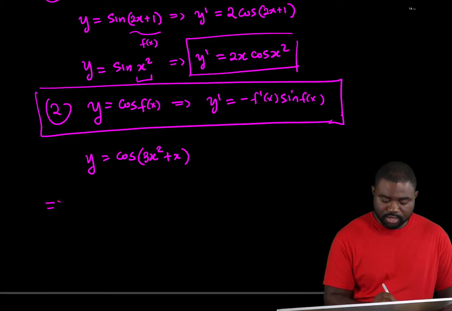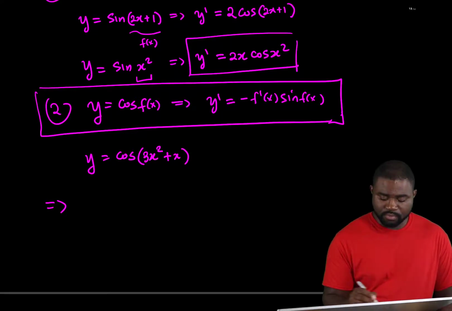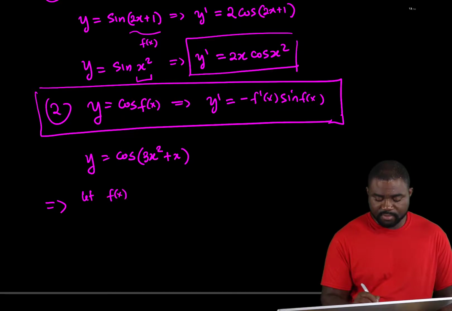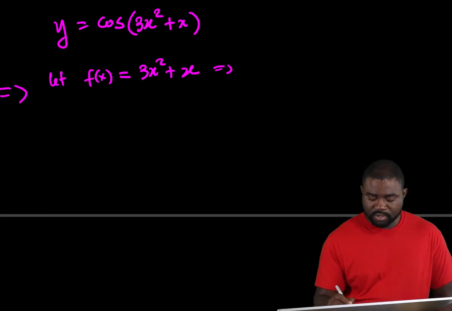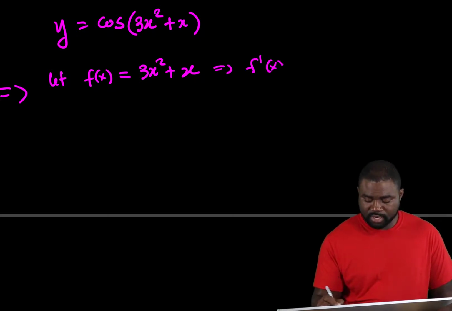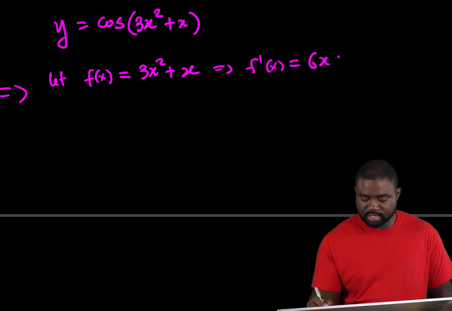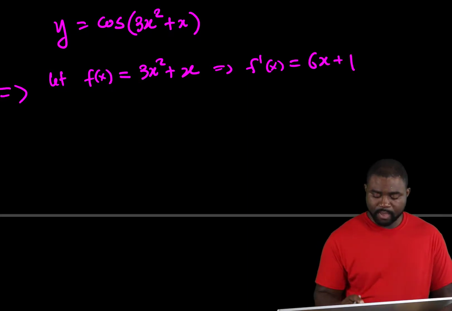This would imply that y prime, or we could say that if you want to follow step by step, let f of x be equal to 3x squared plus x. Therefore, f prime of x is equal to 6x plus 1.